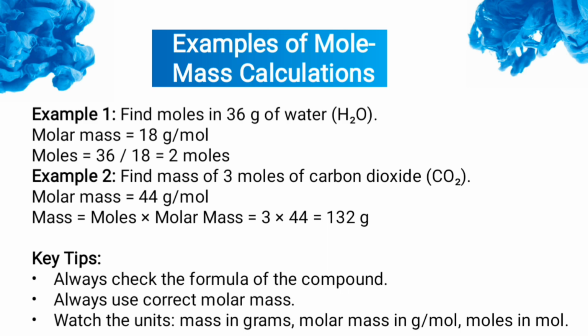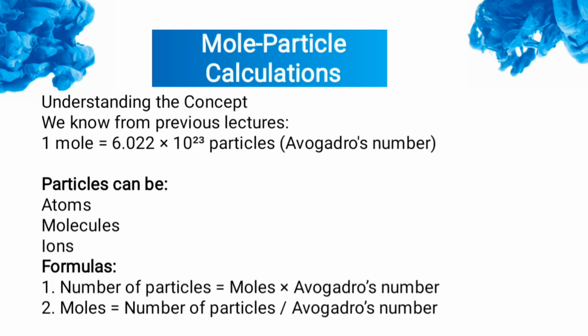Now, mole particle calculations. Understanding the concept, we know from previous lectures that 1 mole is equal to 6.022 multiplied by 10 raised to the power 23 particles. This is called Avogadro's number.